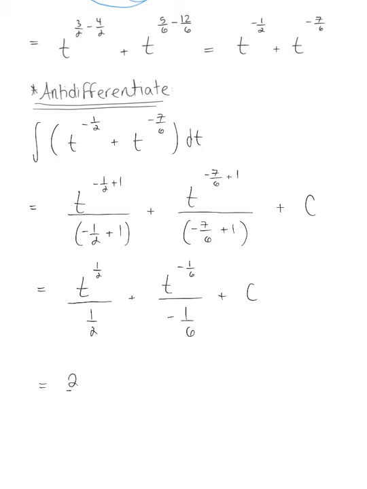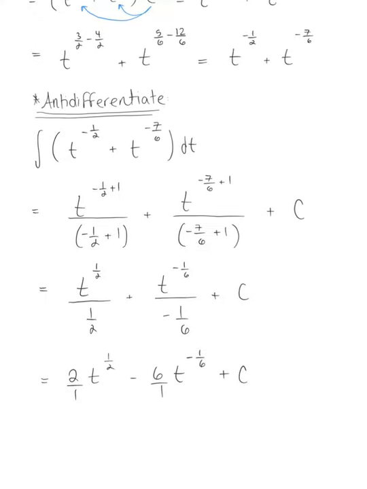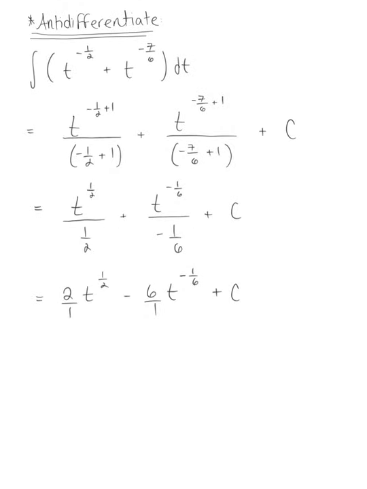So this becomes 2 times t to the 1/2 minus 6 times t to the -1/6 plus c. And we can either rewrite these rational exponents as radicals, or we can leave it as is. This is 2 times t to the 1/2 minus 6 times t to the -1/6 plus c.